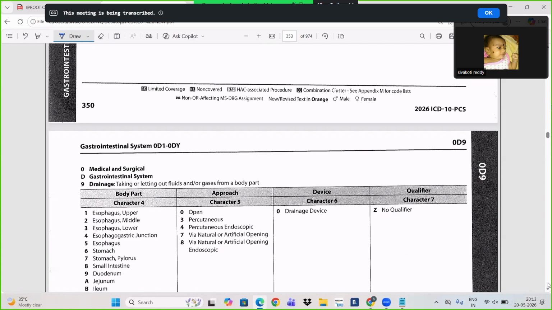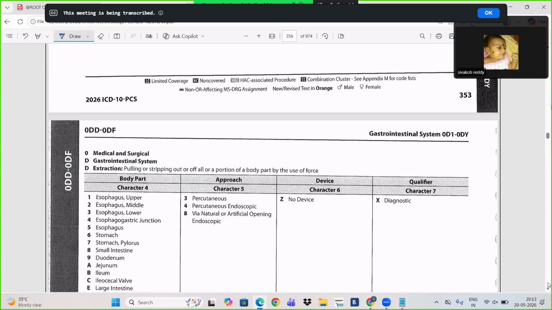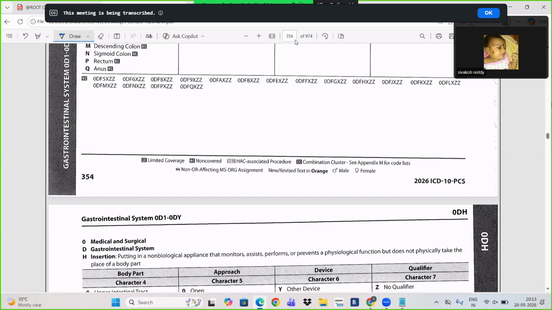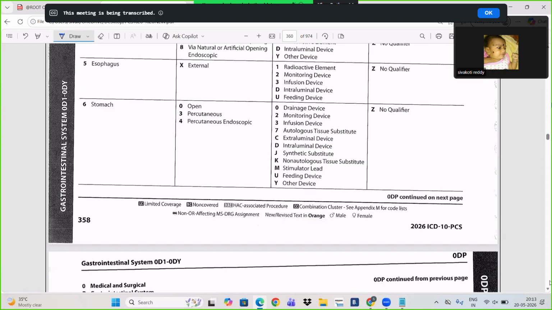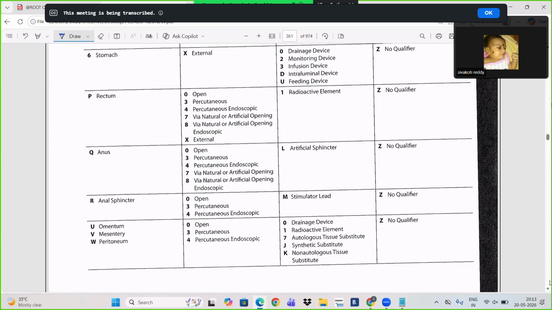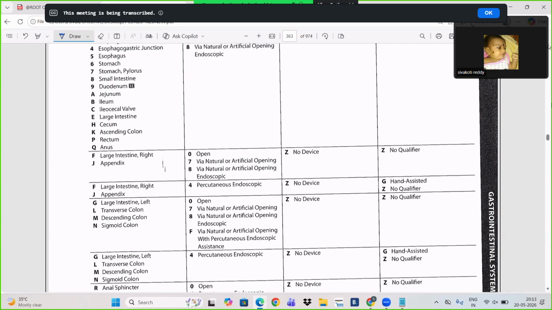Still 7, 9, B, D, F, H, J, P, Q, R, 0DT. Here they documented 0DT.